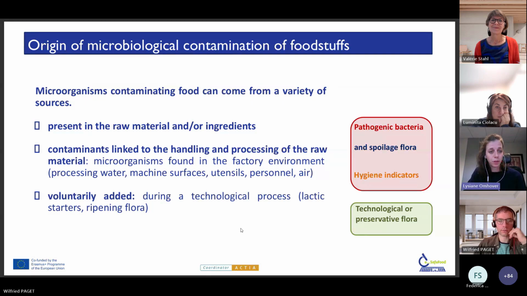For these two sources, it's mainly pathogenic bacteria and spoilage flora that can be found, or hygiene indicators. Another source is the microorganisms that are voluntarily added, such as in a technological process with lactic starter or ripening flora. In this case, it is beneficial flora such as technological or preservative flora.